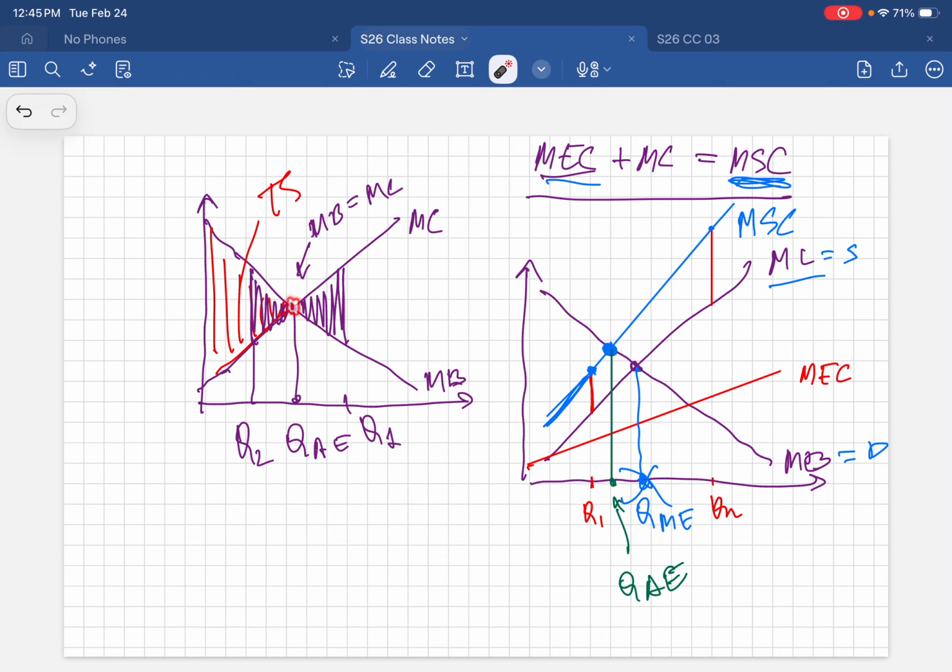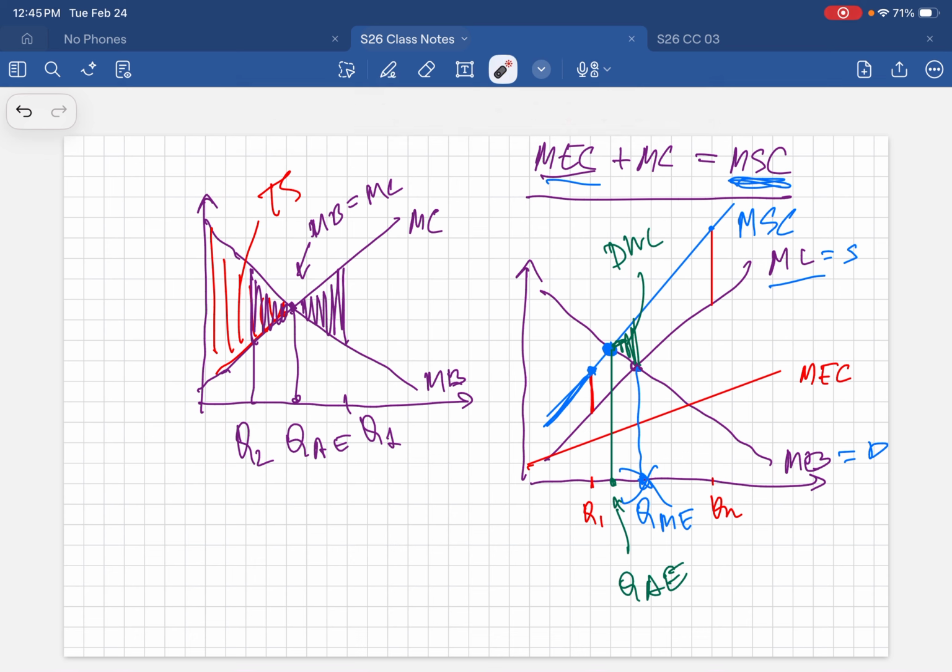Here we got deadweight loss based on us being away from this point, and here deadweight loss is based, again, on how far we are from this point. And we know the market will be here, so that will be deadweight loss.